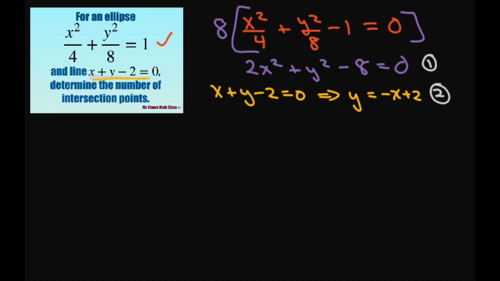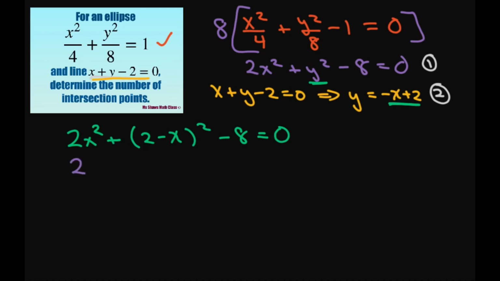Now let's substitute in our y into this y. So we're going to get 2x squared plus y squared. I'm going to go ahead and write this as 2 minus x because it's easier for me. And then we have minus 8 equals 0.